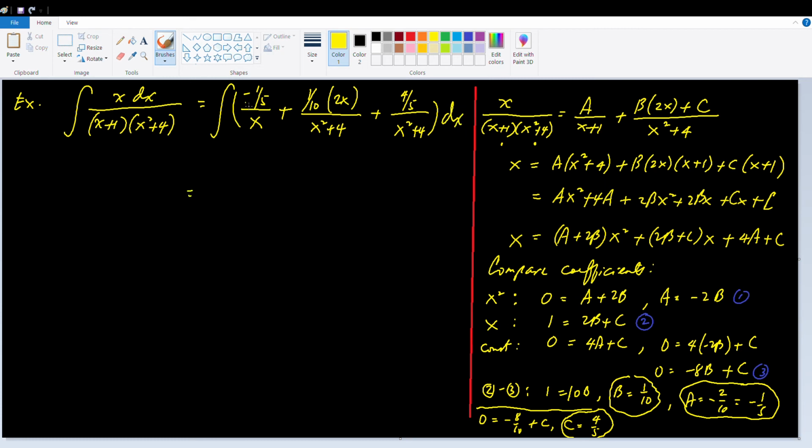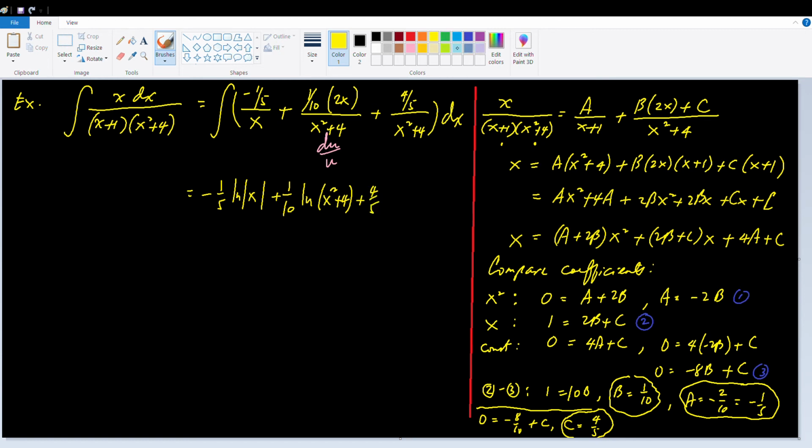So the integral of negative 1/5 over x dx is negative 1/5 ln of the absolute value of x plus, we go to the second integral, it will be 1 over 10, and 2x dx over x squared plus 4, as mentioned before, will take the form du over u, whose integral is ln of x squared plus 4, plus 4 pi.